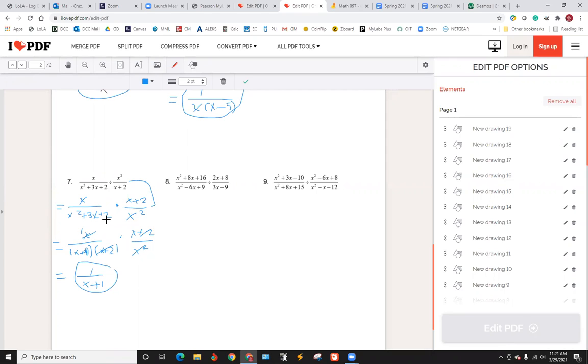And 2, they all got to be positive. 2 only has a factor of 1 and 2. So this one was a hint. So x plus 2 times x plus 1. These here are gone. And one of the x's is gone. That x right there stays. This one is just a 1. So the only thing that's left is 1 over x plus 1.